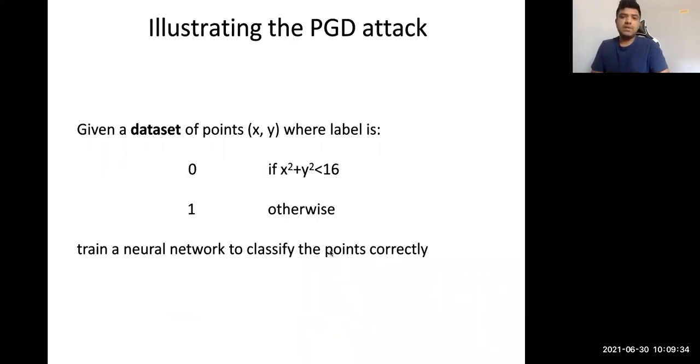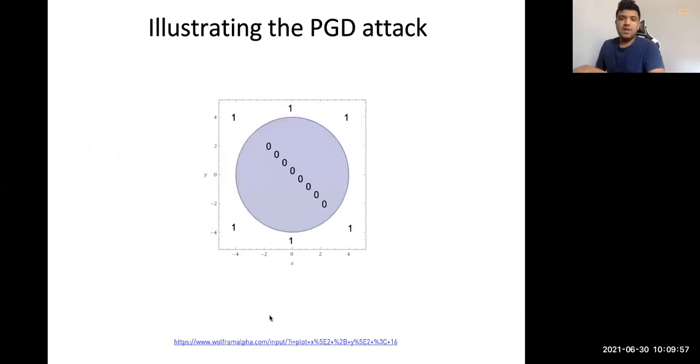We're given a data set of points x, y, and our label is 0 or 1. If x squared plus y squared is less than 16, then our property holds, so it's 0. Otherwise, our property does not hold, and it is 1. And we create a neural network to classify these points.